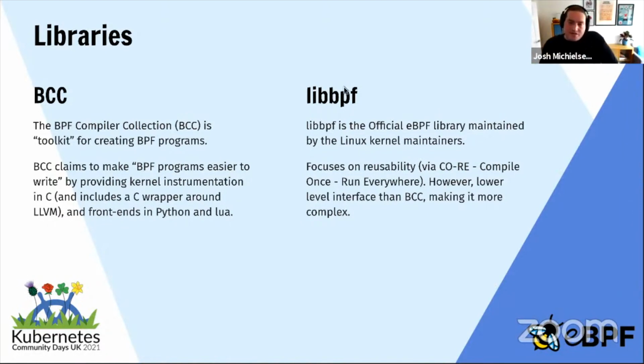But it also adds some interesting functionality, such as compile once, run everywhere, which has been a pretty significant challenge in the past with BPF programs, because they need to be compiled for the specific kernel headers for the machine they're running on. So having compile once, run everywhere is a huge step forward as support for that continues to be rolled out into new kernel versions.